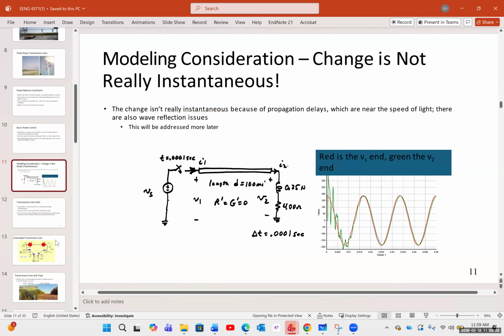Now, this is an example of an overloaded transmission line. You can see that the transmission line is overloaded by about 29–30%. And you can see between bus 2 and bus 1, the amount of power that it's moving is going to be over 30% of the maximum that you can do.